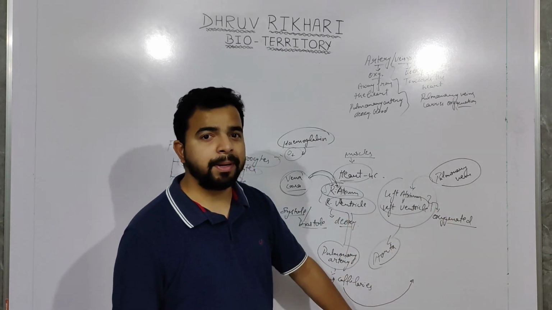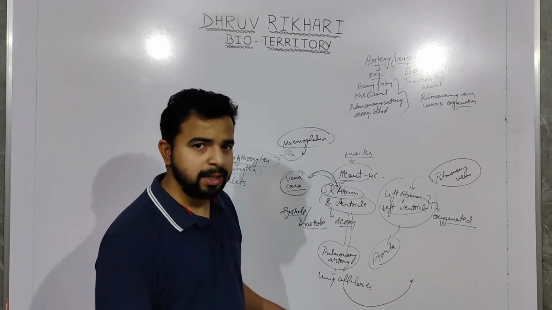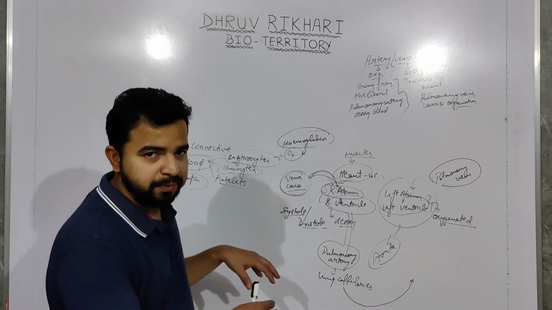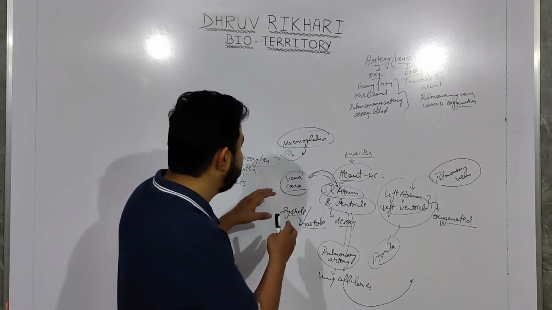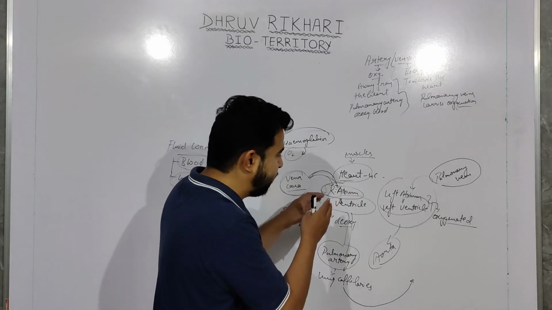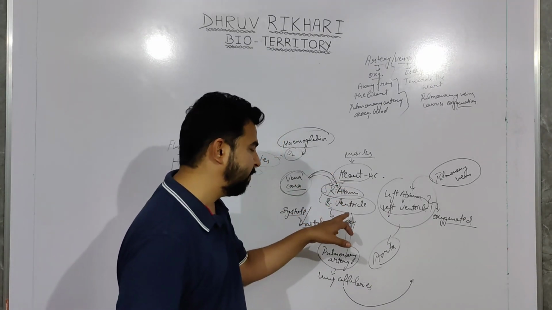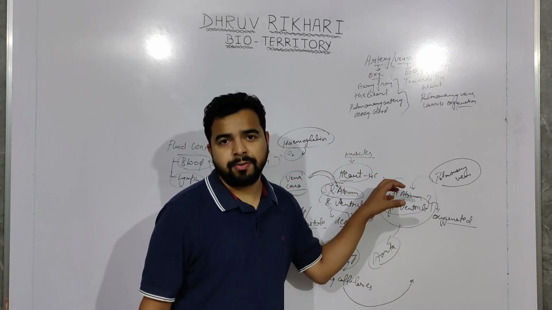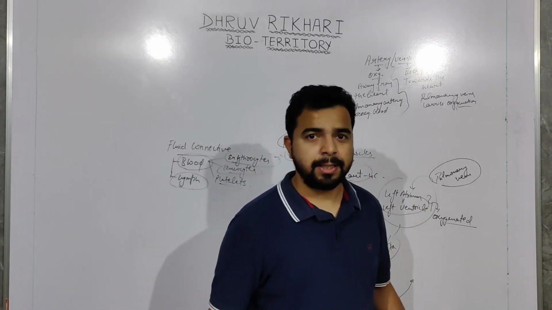From the capillaries of the body and other organs, they will collect the deoxygenated blood into the veins, and from veins or from vena cava it will then come back to the right atrium and right ventricle, and this is how the whole function of the circulatory pathway takes place.